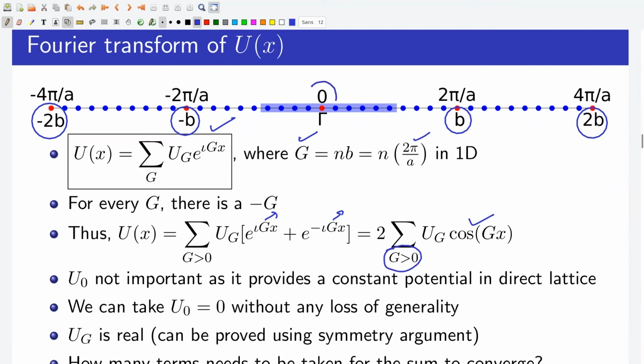So how about this point where G is equal to 0? We ignore the term u0 because it provides a constant potential in the direct lattice. Making u0 equal to 0 does not make any qualitative difference in the periodic potential. Thus, we can make u0 equal to 0 without any loss of generality.